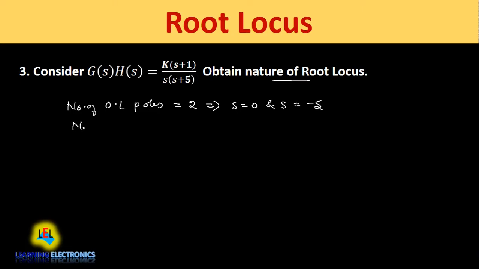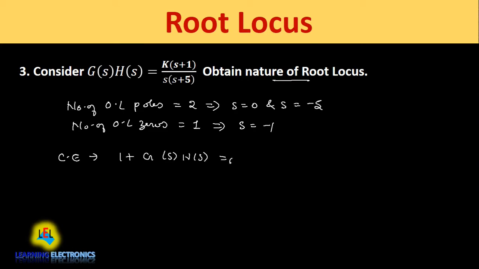Now we will find the number of open loop zeros. Here only one open loop zero is given, at s is equal to minus 1. Now we will find the characteristic equation. The characteristic equation is given by 1 plus g of s into h of s is equal to 0. So this can be written as 1 plus k into s plus 1 divided by s into s plus 5 is equal to 0.